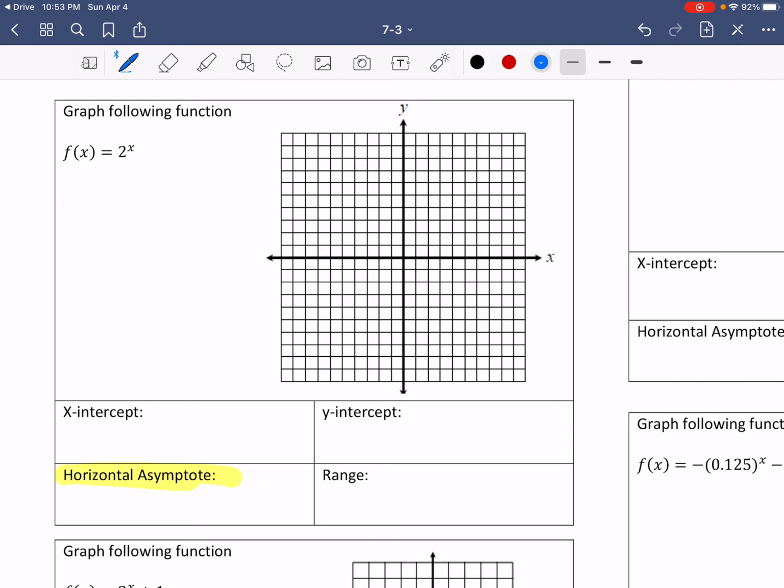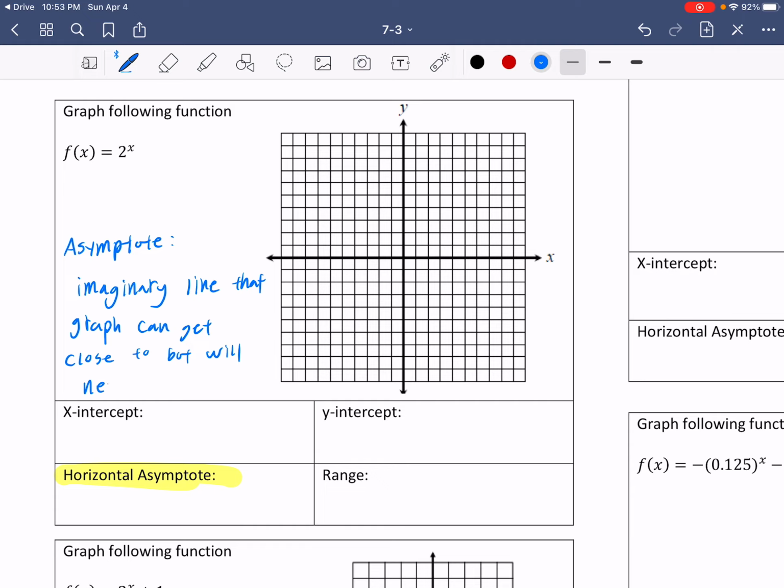Let's write it here. Asymptote is an imaginary line that a graph can get close to, but will never touch.